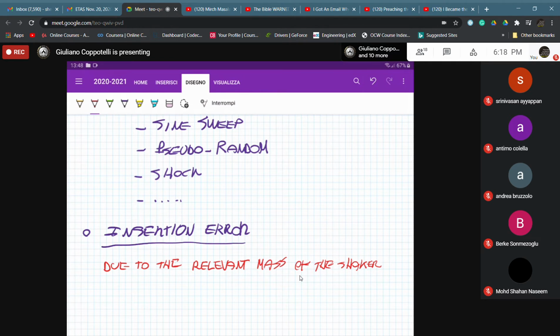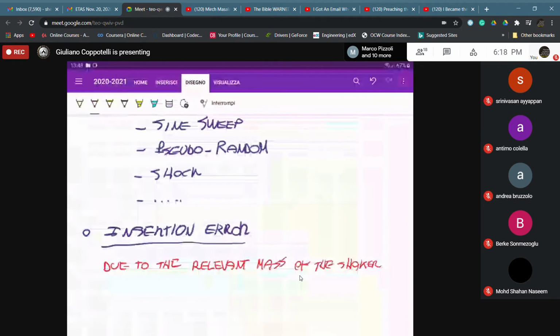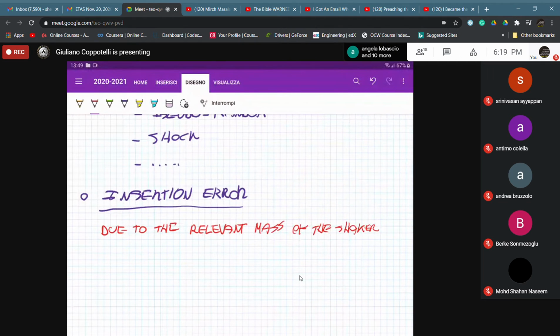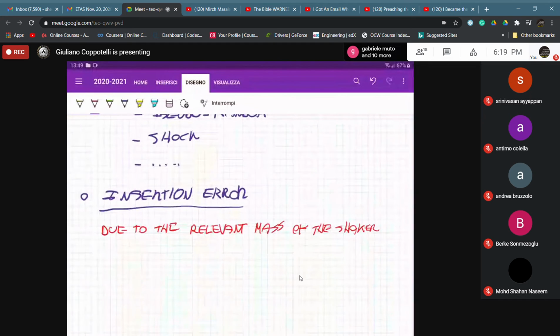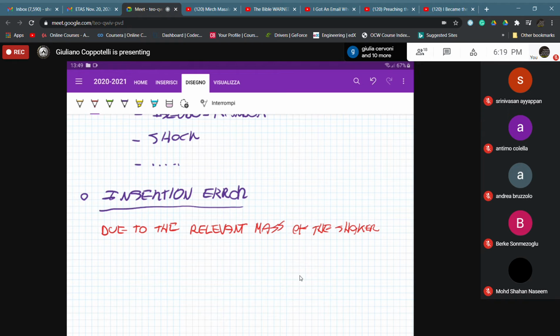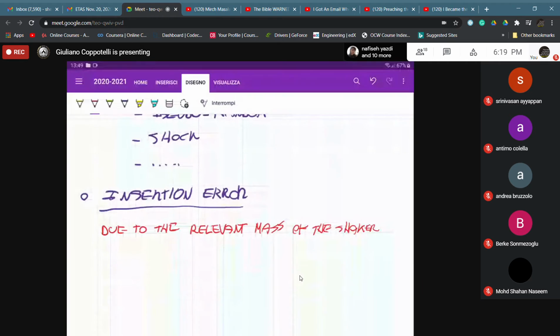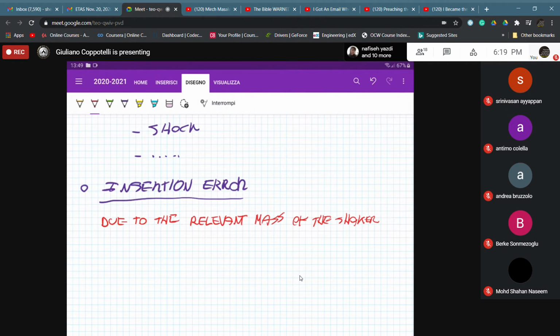So that's the reason why shakers are generally characterized by very large mass compared, for example, to a monohammer. They are very weighty. Also, the mass of the shaker is very large because we would like not to interact with the system itself. We would like to let the system vibrate only, and not vibrate with the shaker. So we need the mass of the shaker to be high also for decoupling reasons.